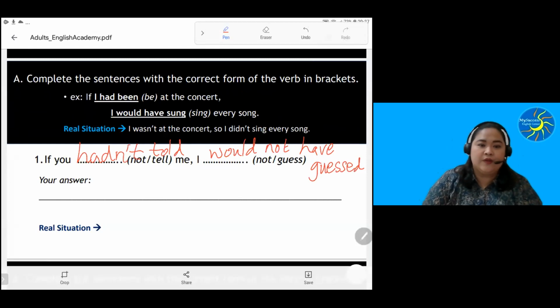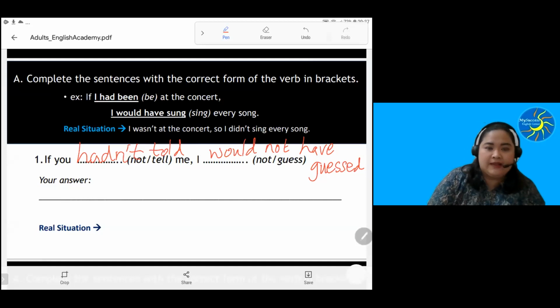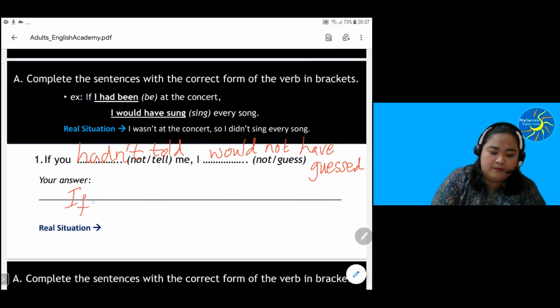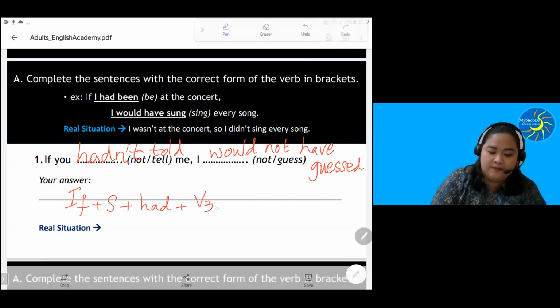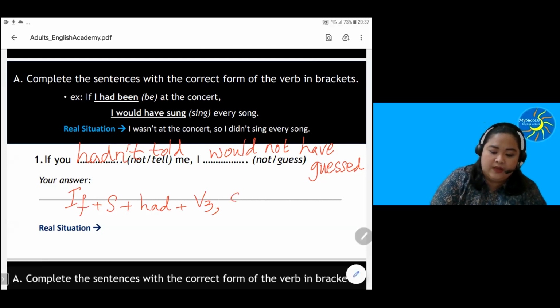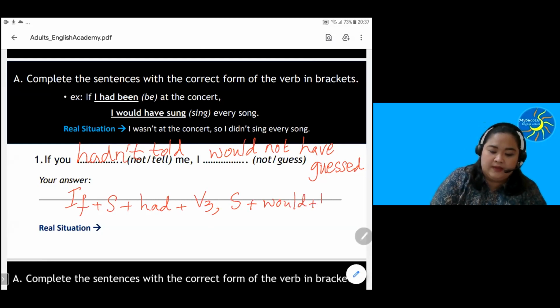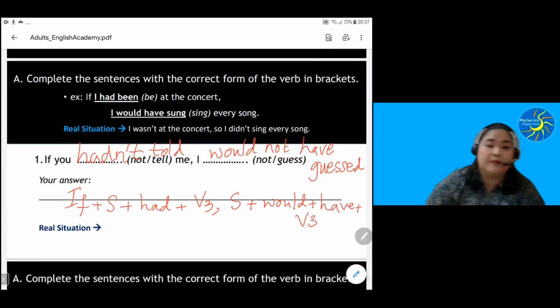Yeah. So from this example, you will find out that the format of the third conditional is if plus subject plus had plus past participle, comma, and then you will have subject plus would plus have plus past participle.